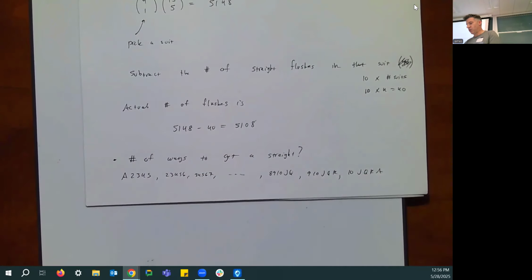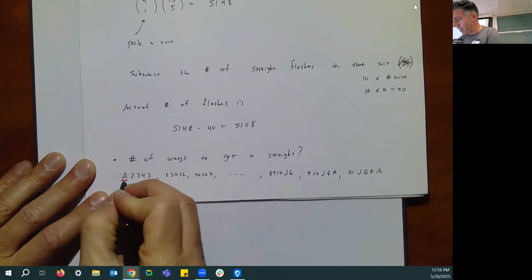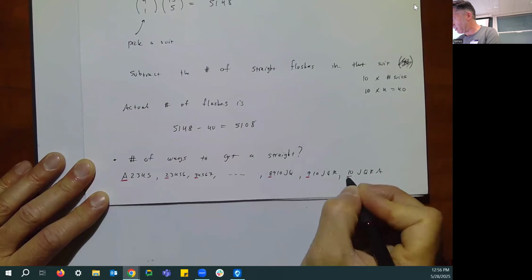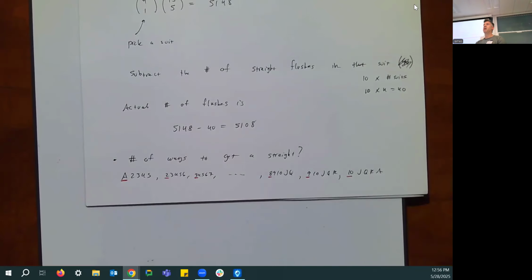And the starting card, the lowest card, is ace, or a 2, or a 3, or all the way up to an 8, or a 9, or a 10. So there's 10 different ways to pick our lowest card.